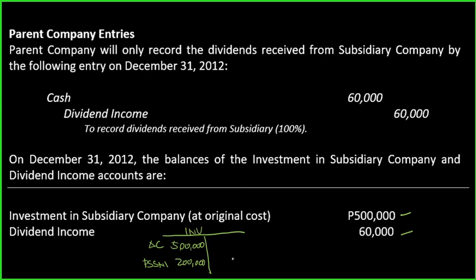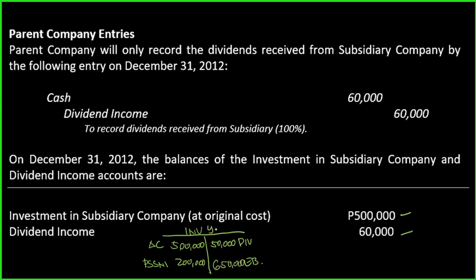Also in year 1, the subsidiary declared dividends of 50,000, which is recorded as dividend income. So that dividend will reduce our investment. Therefore, the ending balance will be 500 plus 200, that's 700, minus 50. The ending balance will be 650,000 pesos.